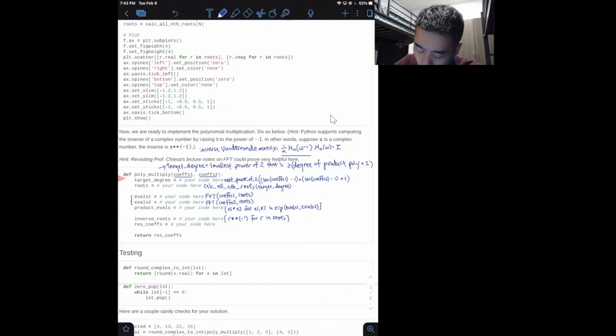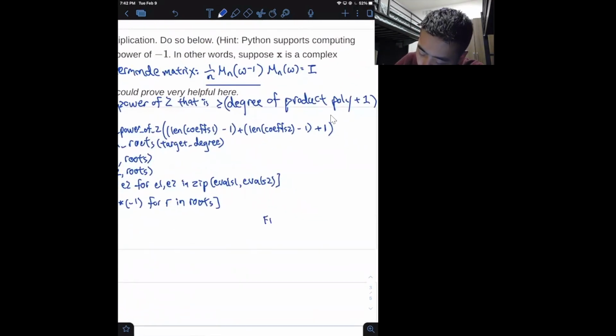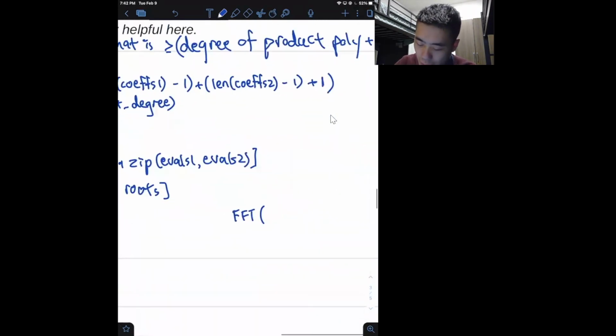And finally, res coefs. This is basically the result coefficients, right? Okay, so that is done through an inverse FFT procedure. So I'm going to call my FFT procedure again, but this time, instead of passing in coefficients, I'm passing in the value representation for my product polynomial, which is given by product evals.